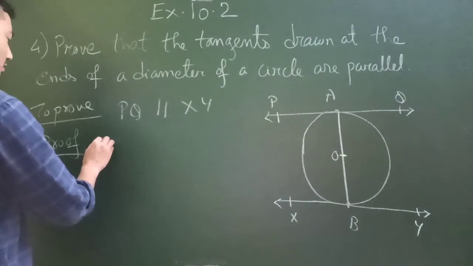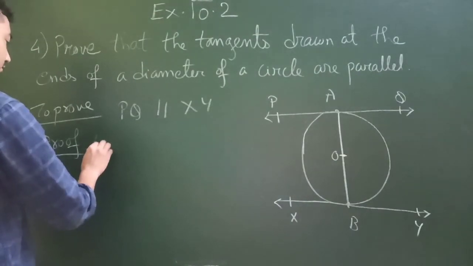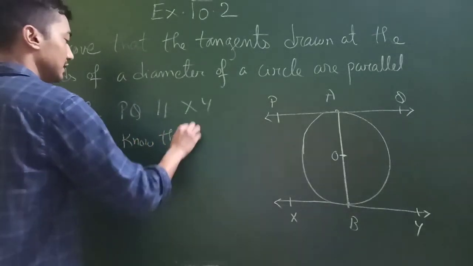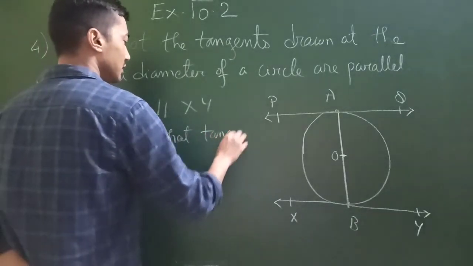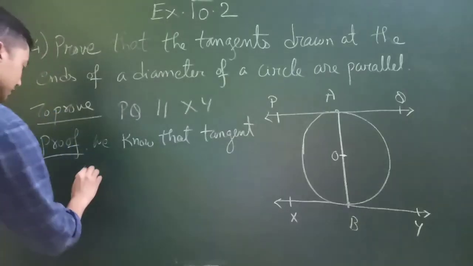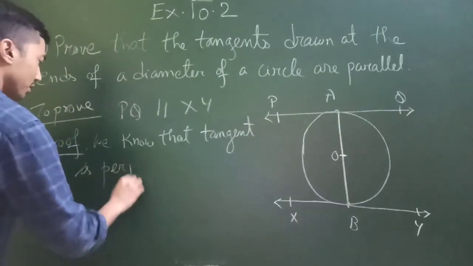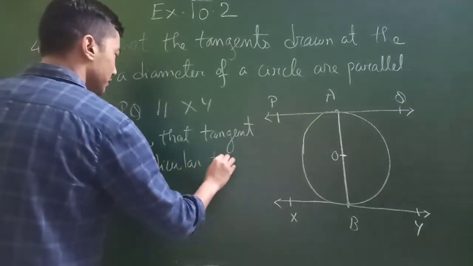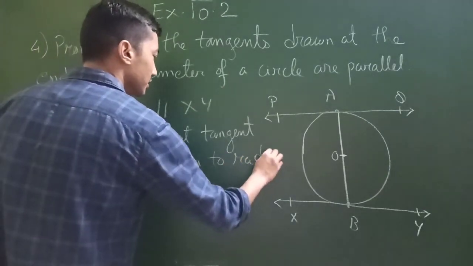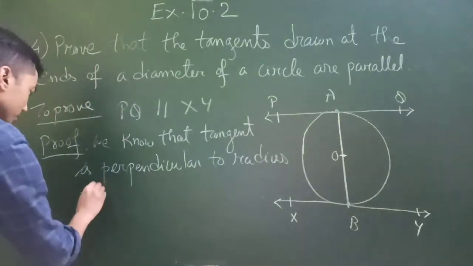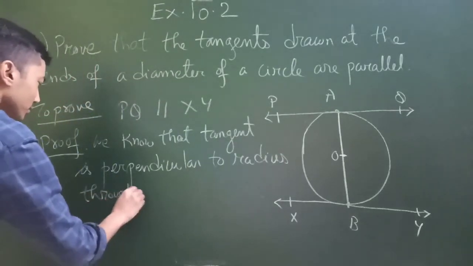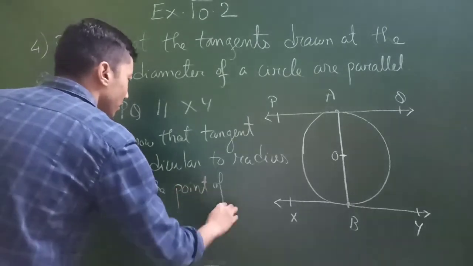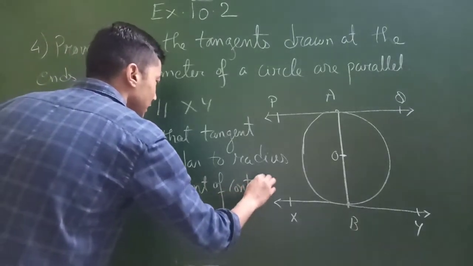Now, let's write down. We know that a tangent is perpendicular to the radius through the point of contact.